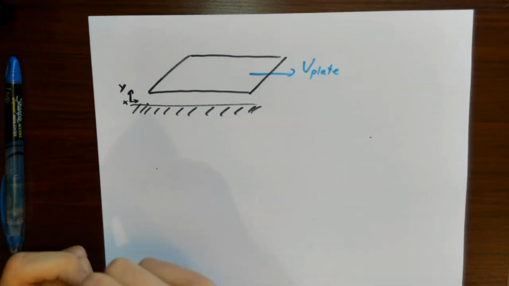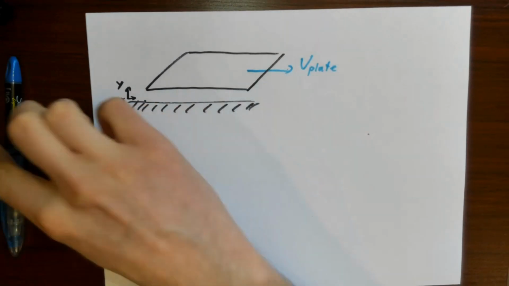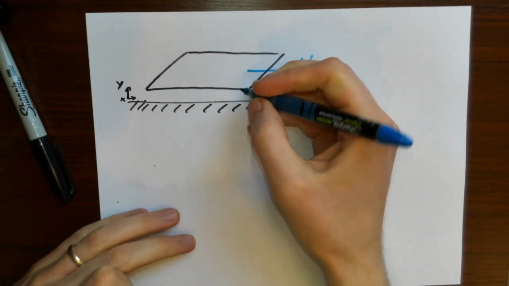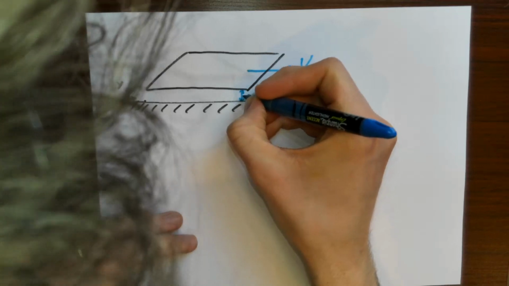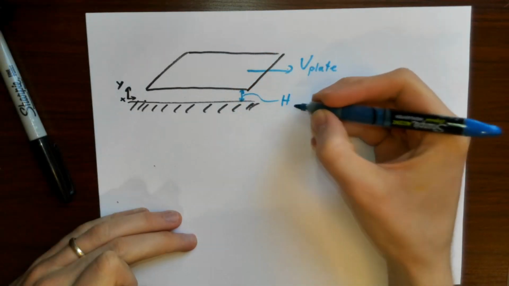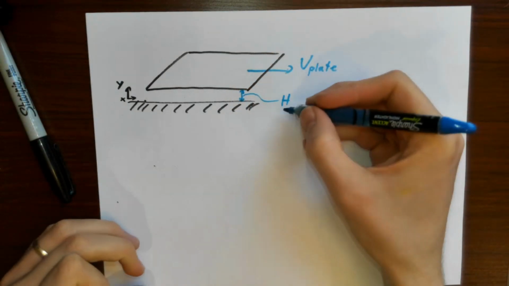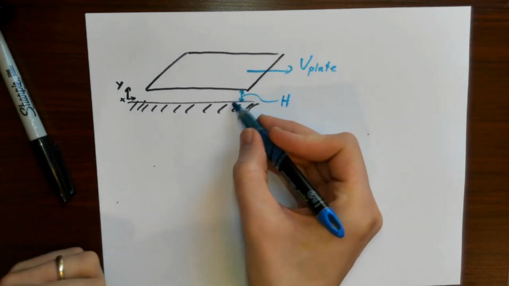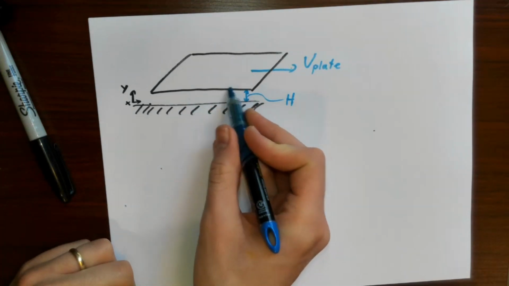Right, so let's say I had some velocity of the plate and some thickness of the gap, let's call it h, between the non-moving plate, the ground, and the moving plate.